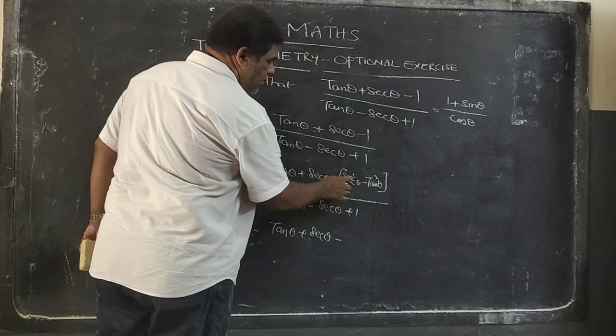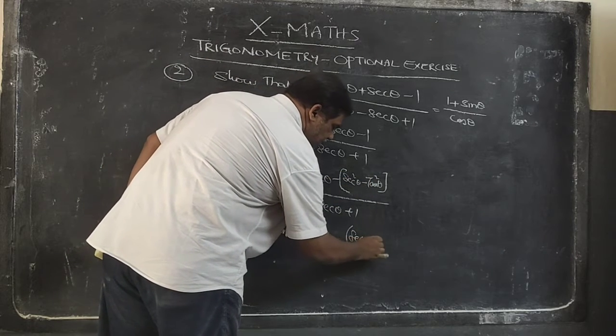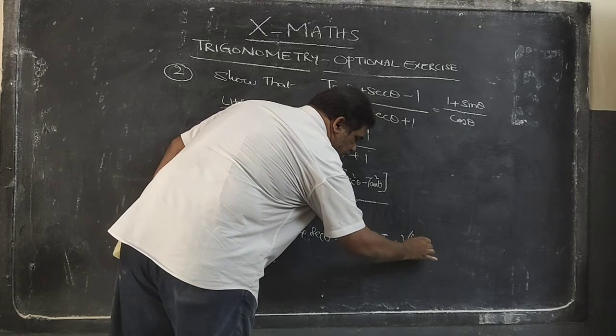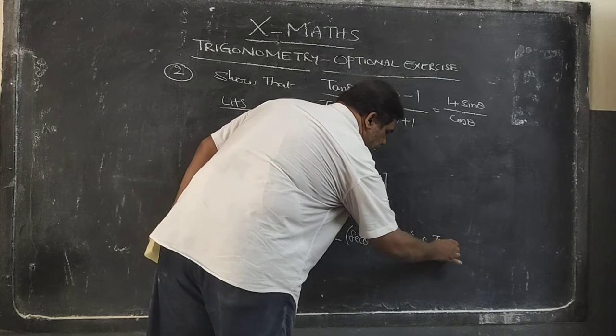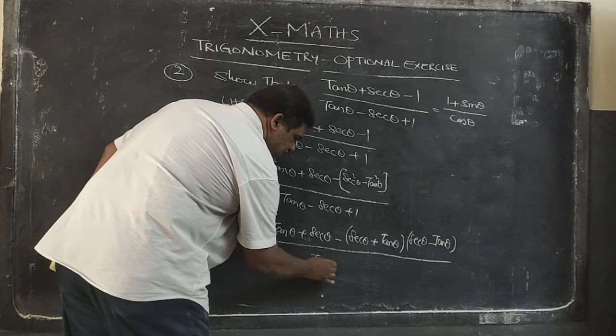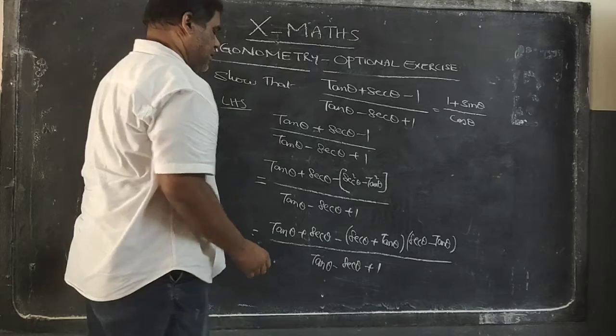Now this is in the form of a square minus b square, which can be written as a plus b into a minus b. So secant theta plus tan theta into secant theta minus tan theta, and the denominator as it is.